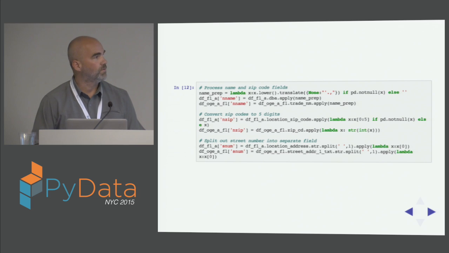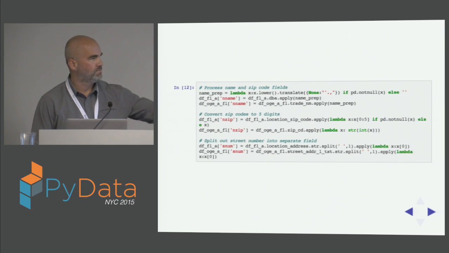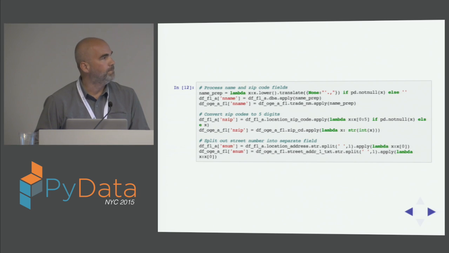And this is the simple way I've done it on my test data with Pandas using apply and lowercasing fields and taking substrings. This is a trick I discovered recently with Pandas that I really like, where you can actually split the strings. So I just threw that in there because I think it's cool.